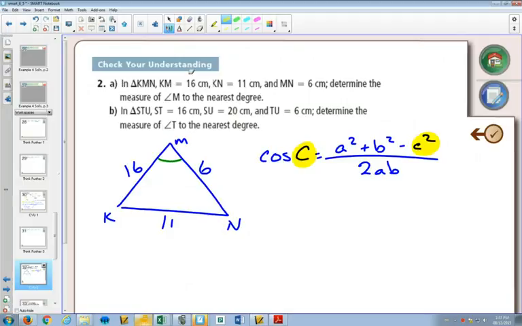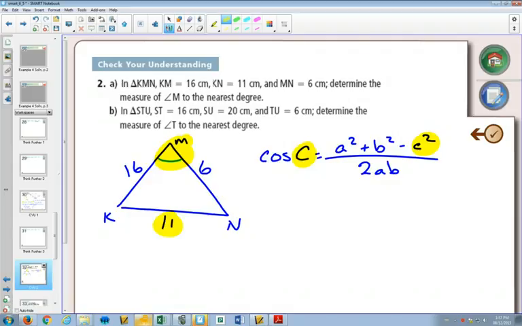The other sides, it doesn't matter which one you pick as A and which one you pick as B and what order you put them in. So if we're trying to find angle M, then we have to make sure that the 11, that's the opposite side of that, goes in that highlighted part. So we're not really worried about rearranging all the letters, but just focusing on what's the angle and side that are opposite of each other.